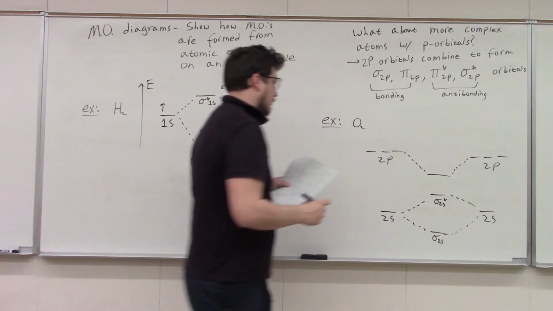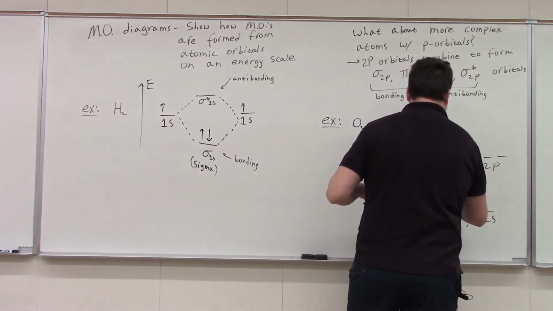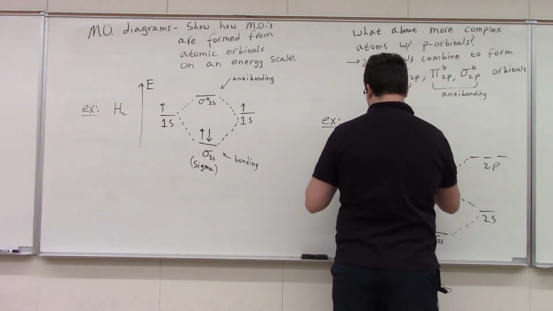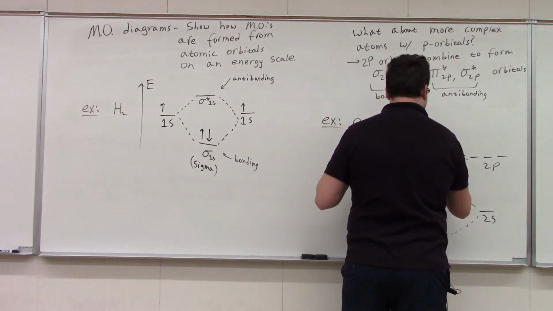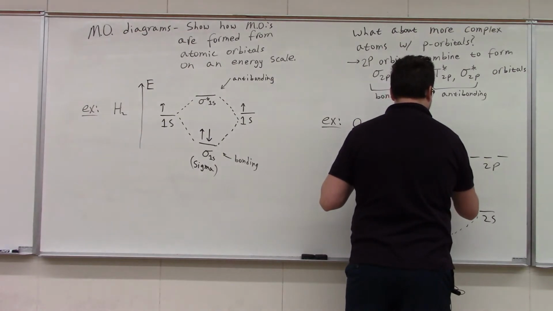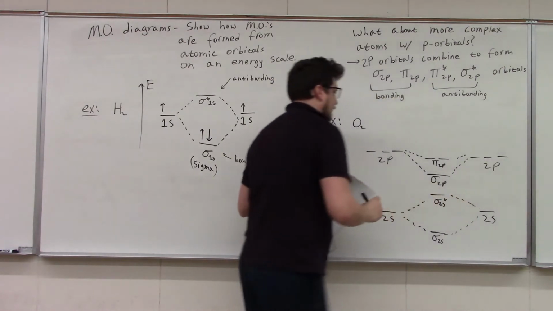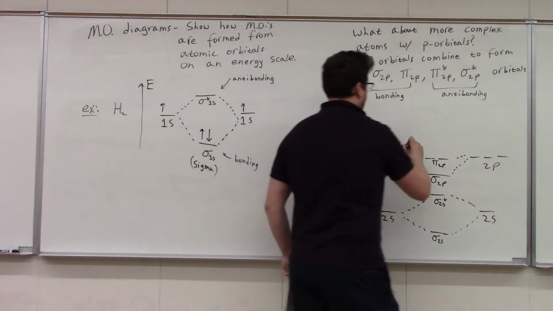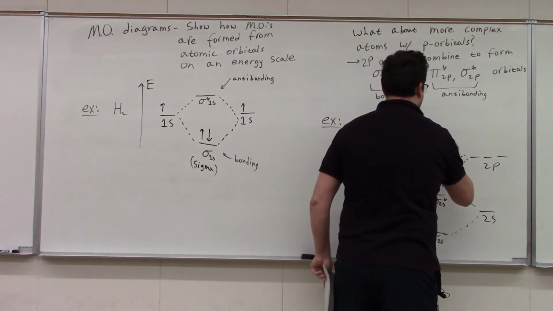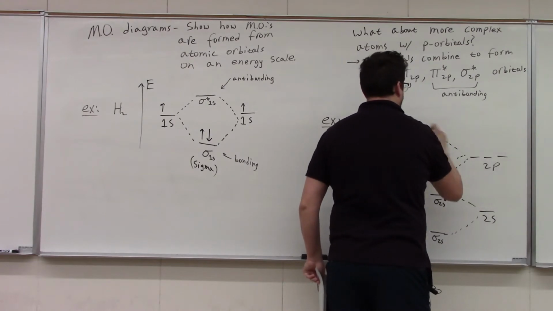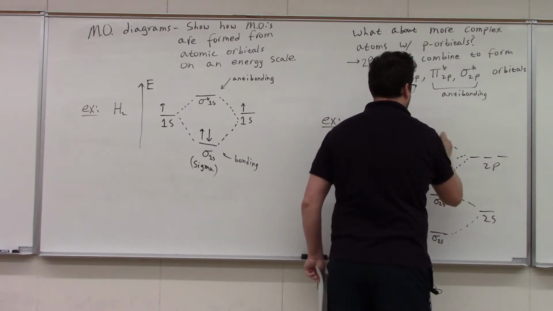Then we get a sigma 2p. And then we get 2 dashes here. We can hold 4 electrons in our pi 2p orbital. And then up here, we get pi star 2p, which will be 2 dashes as well, excuse me.